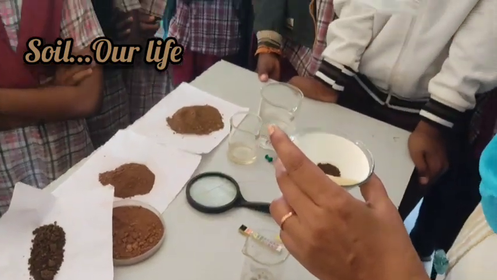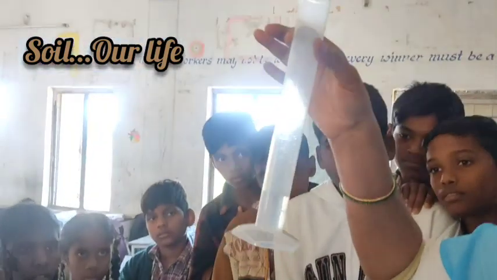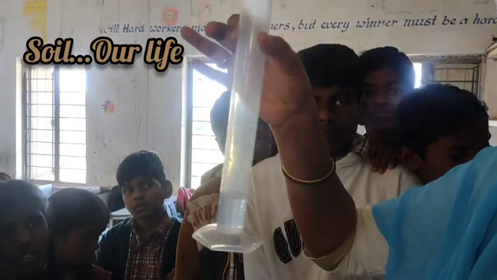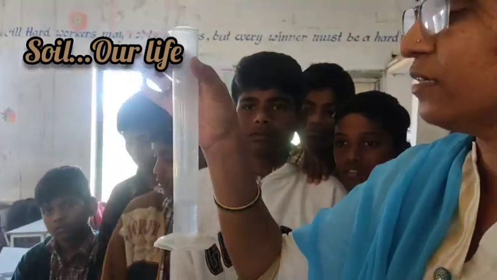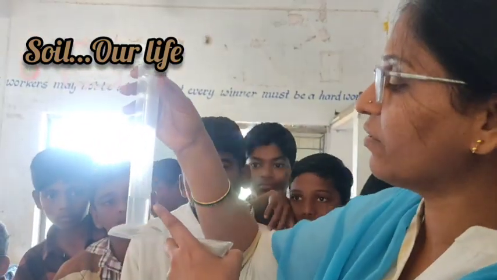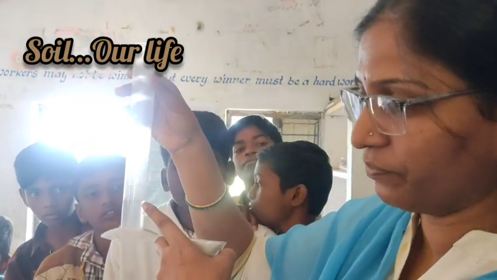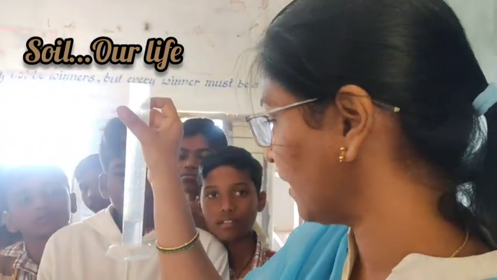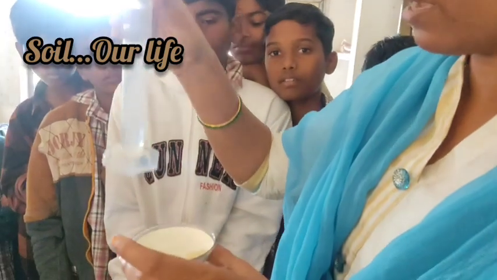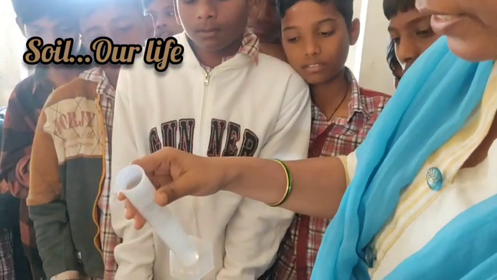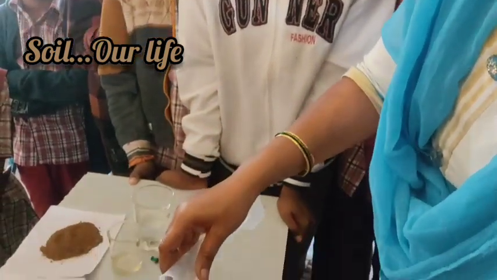Now with the help of the measuring jar, or measuring cylinder, where we can measure liquids, here I have taken 20 ml of water in the measuring jar and now I am pouring it into the soil.